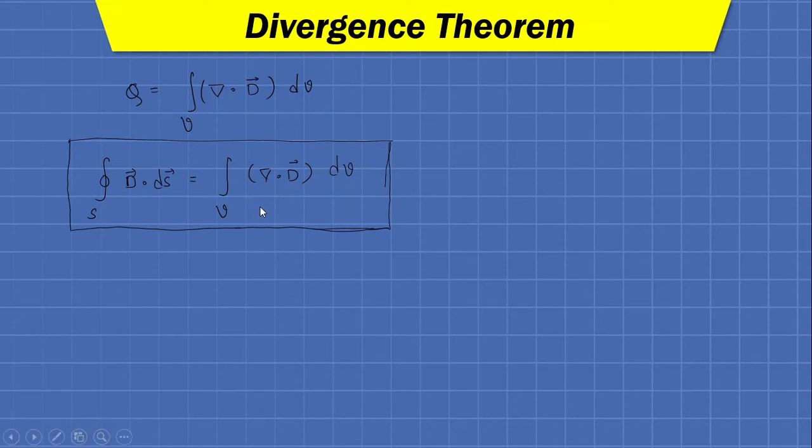This is called the mathematical form of the divergence theorem, or it is also known as the Gauss-Ostrogradsky theorem. Its pronunciation is quite tricky. Gauss-Ostrogradsky theorem, or divergence theorem.